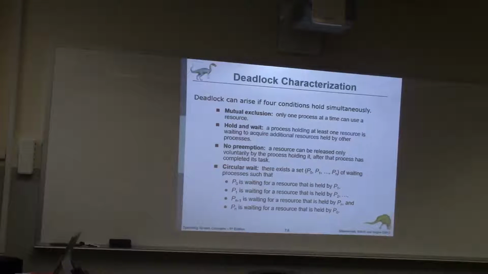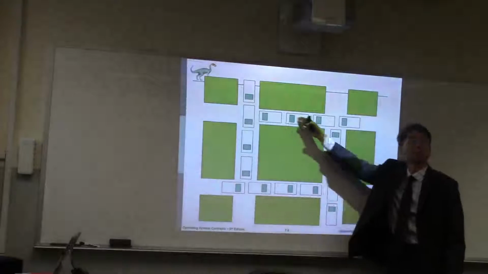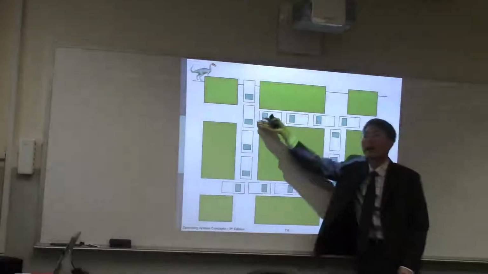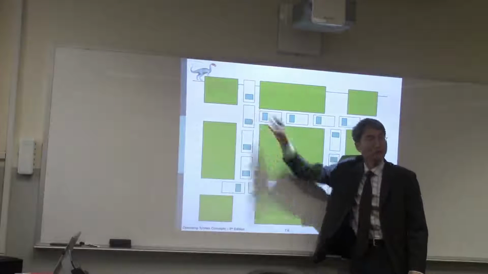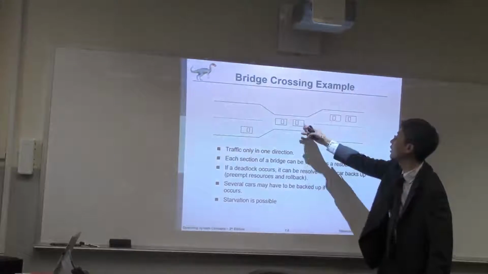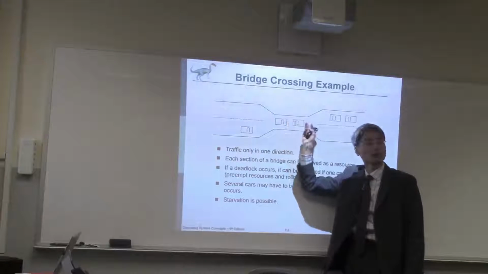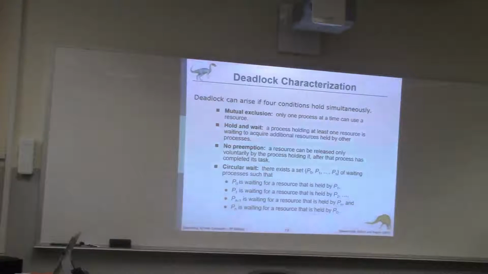So no preemption in deadlock means no backup, no stop. Keep asking until the request is finalized. Same thing here: no backup, always keep moving forward. That is no preemption, the third characteristic.